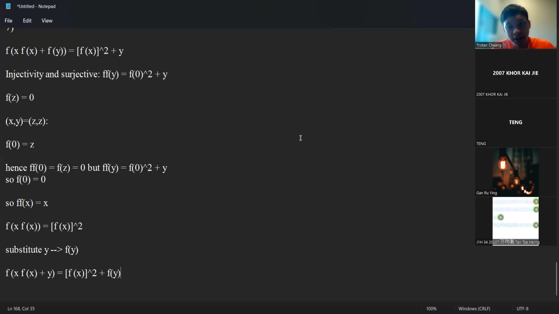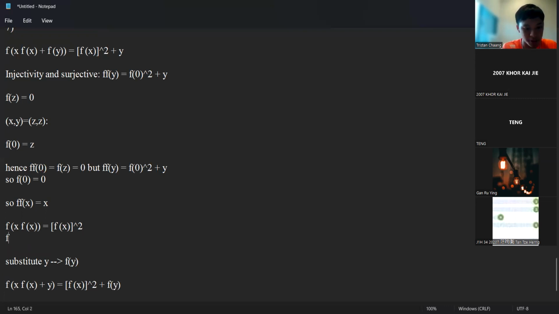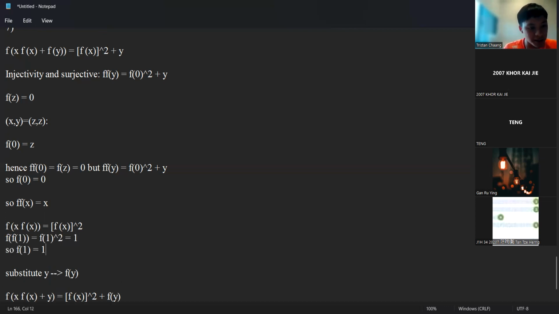Well, if you substitute x as 1, you substitute on the left side and the right side also. Okay, I'll just write it here. So if I put x equals 1 here, we get ff1 equals f1 squared, right? And of course, ff1 is 1. So f1 is either 1 or minus 1, which is great.